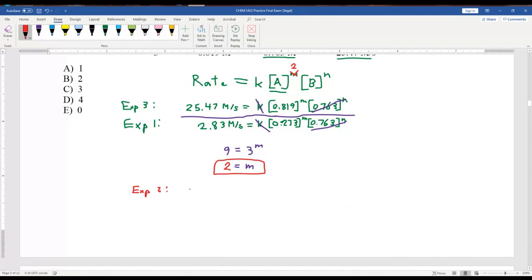And once again, I'm going to write out a rate law.